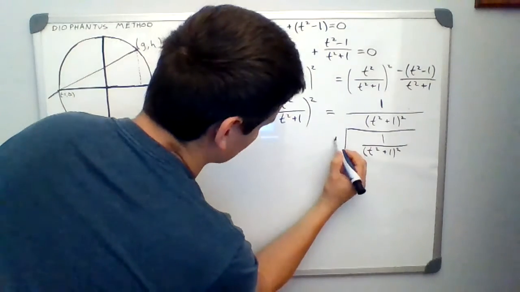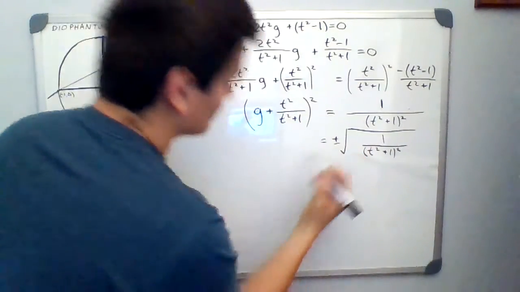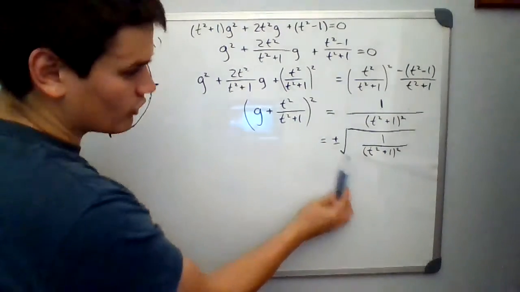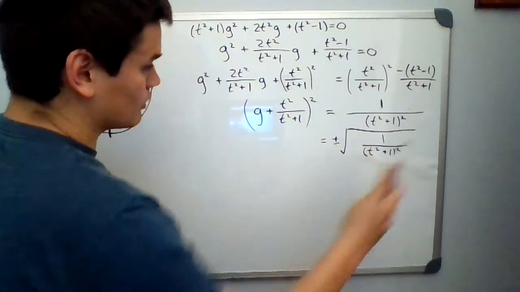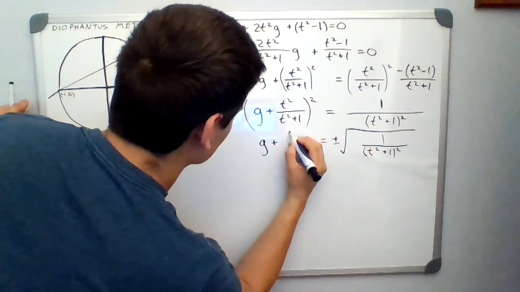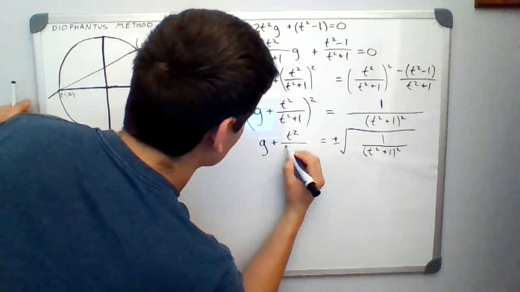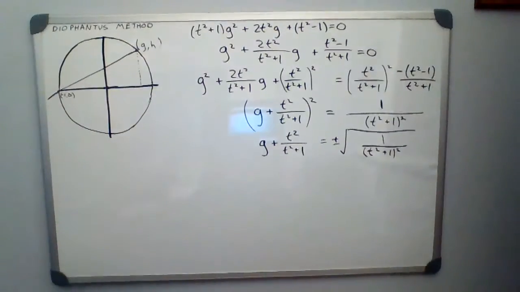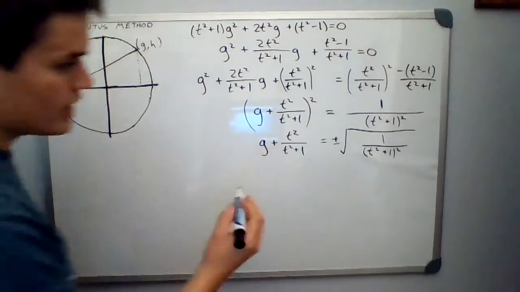Let's say this is actually plus and minus. So it's going to be plus and minus the square root of 1 over (t squared plus 1) squared. And now this side is going to be g plus t squared over t squared plus 1, since I took the square root of that side.